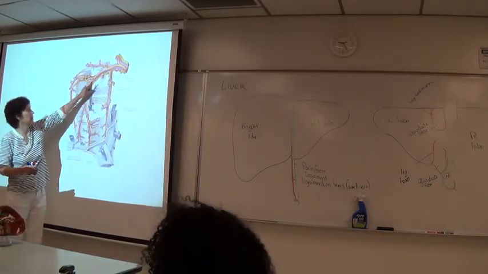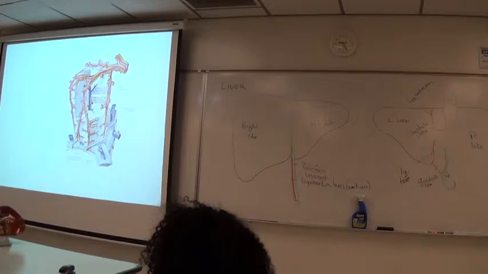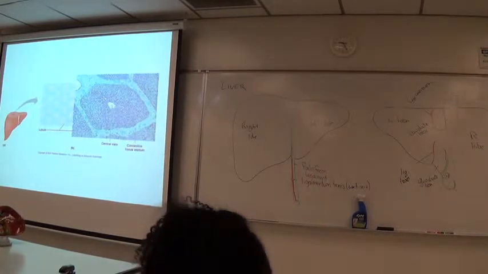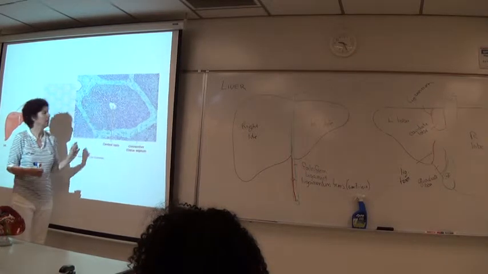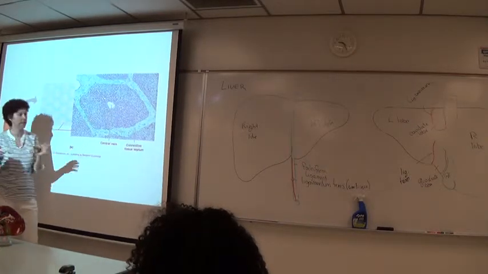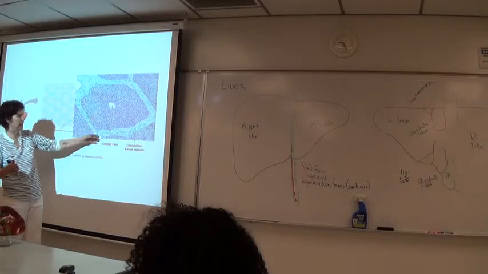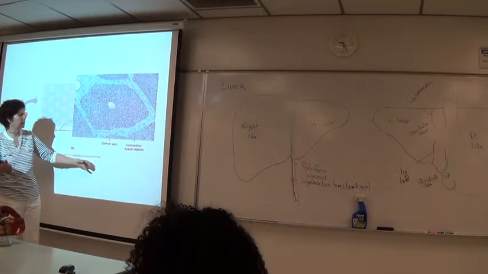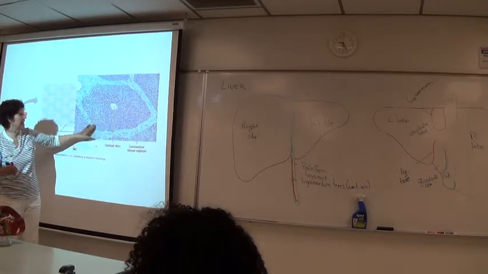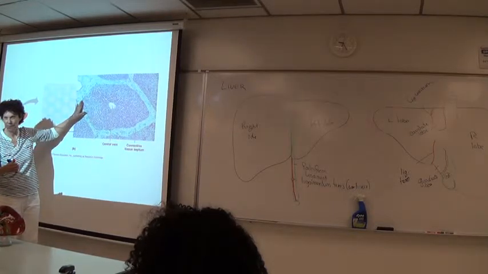So this vessel that you see right here is the same as this vessel right here. Okay? So our portal triad structures, our branch of the portal vein, our branch of the hepatic artery, and a bile duct are going to be found in each of these corners.